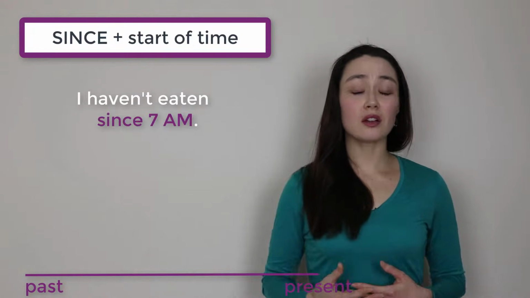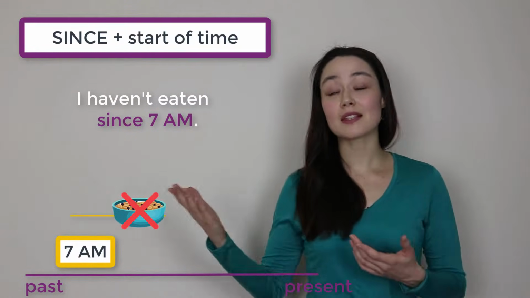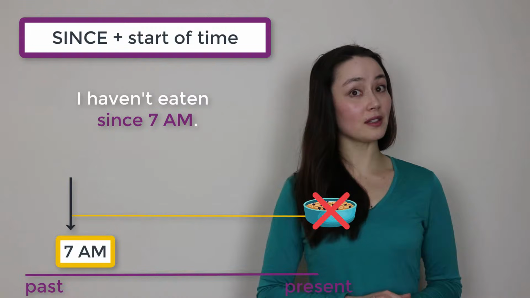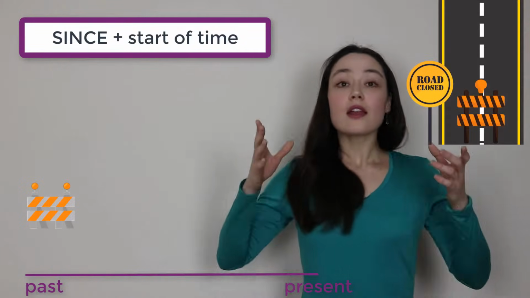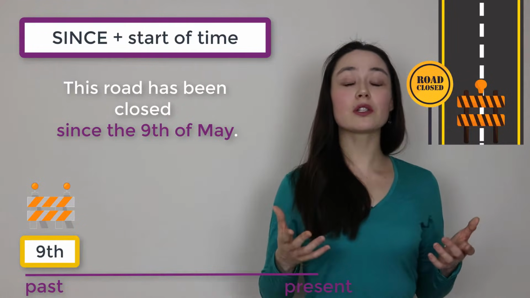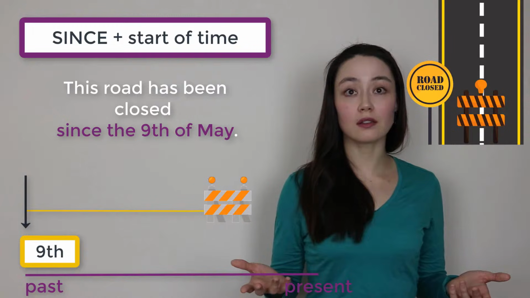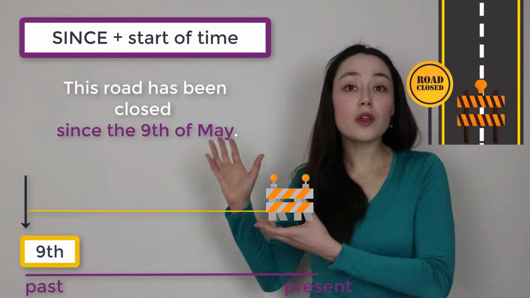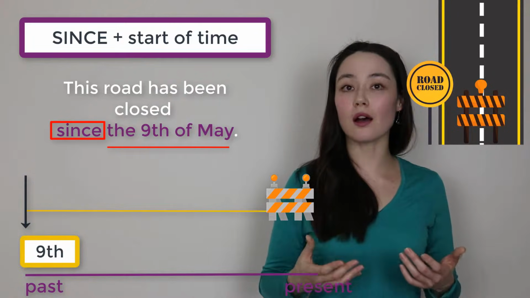I'm really hungry. I haven't eaten since 7 a.m. 7 a.m. is my starting point. This road has been closed since the 9th of May. With all of these examples, I have since plus a start of time.